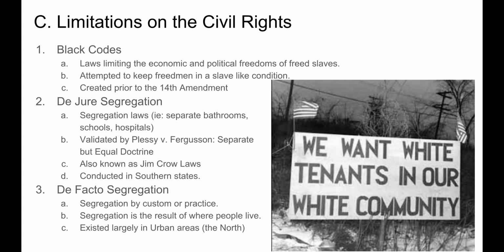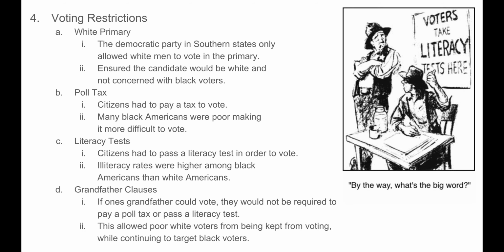And because income tends to be different around racial lines, you do get these communities that tend to be non-white and white. And we'll take a closer look at that later. Happens largely in cities.